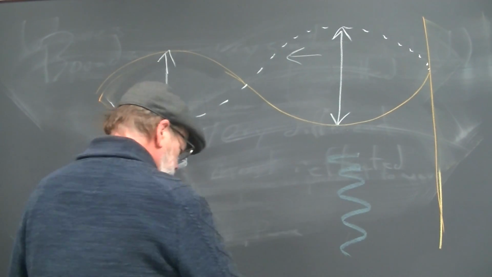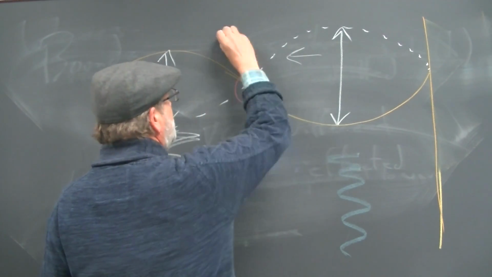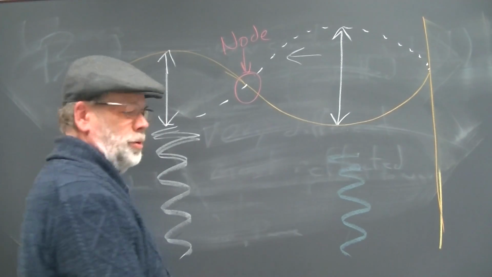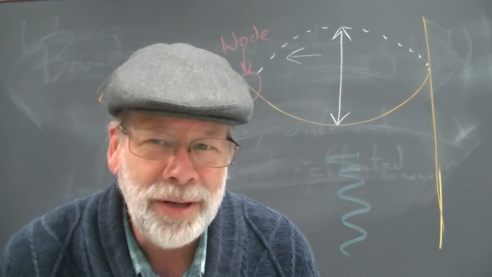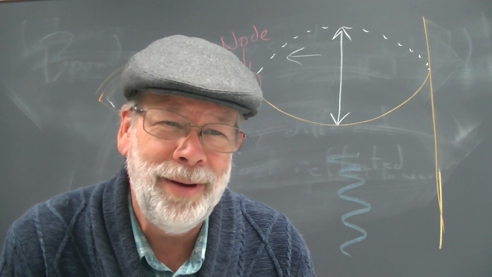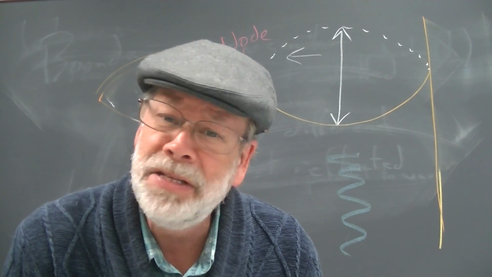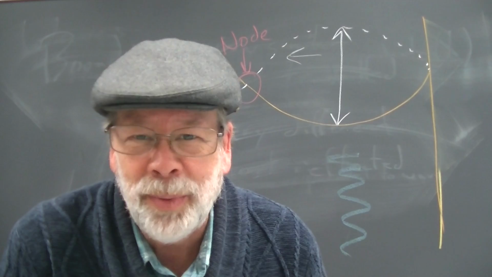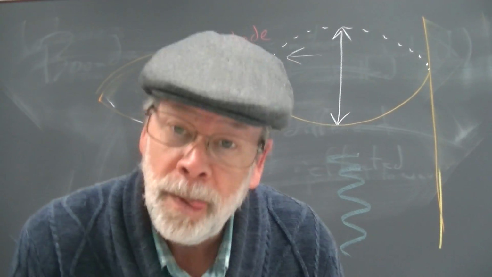But right here is a node. Right there is a node. Now I want you to see what's happening in a node. Until you study waves, this has always been impossible. You've seen it a lot, but it's impossible unless you understand waves.